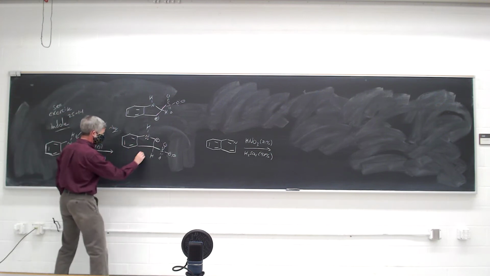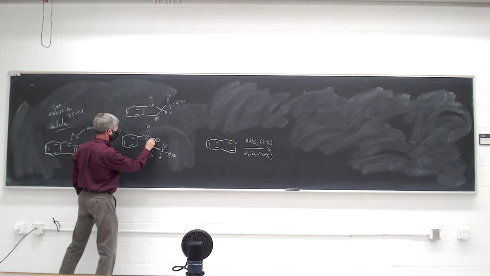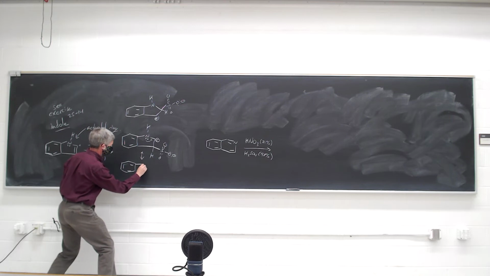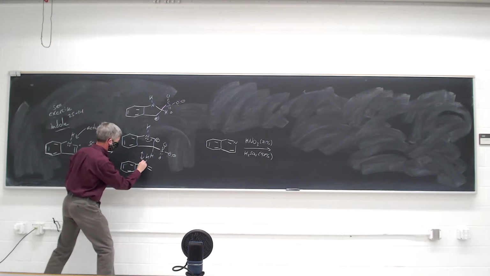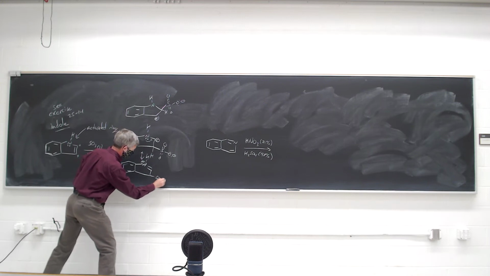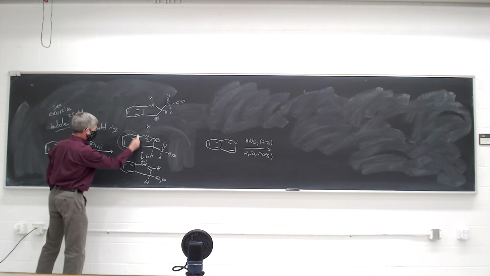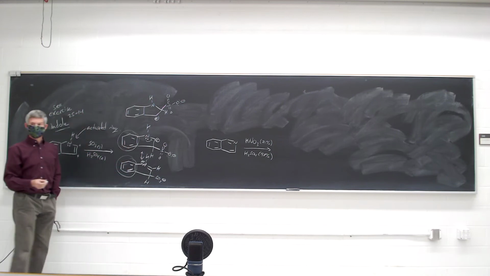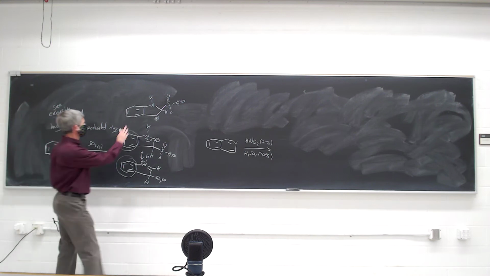So if I attack in the 3 position, I can push that pair of electrons from the nitrogen to form a double bond. Just going to write that as SO3 minus. And I still maintain the aromaticity in the benzene ring. So I have 2 resonance structures that maintain the aromaticity in the benzene ring.